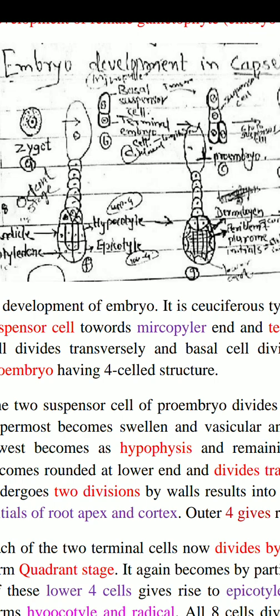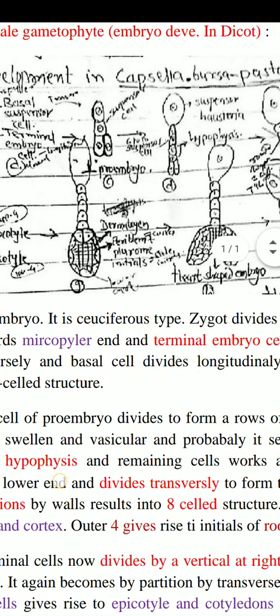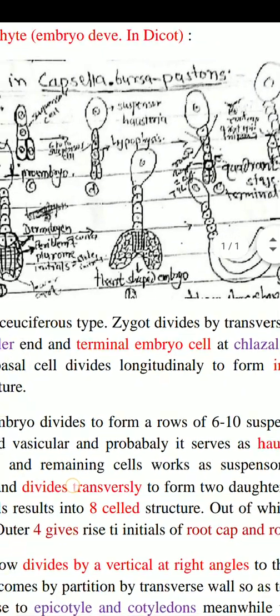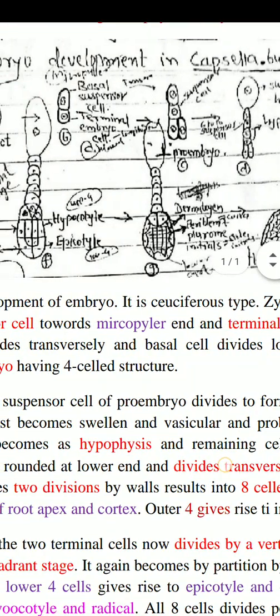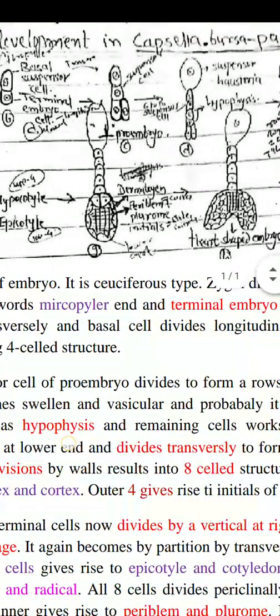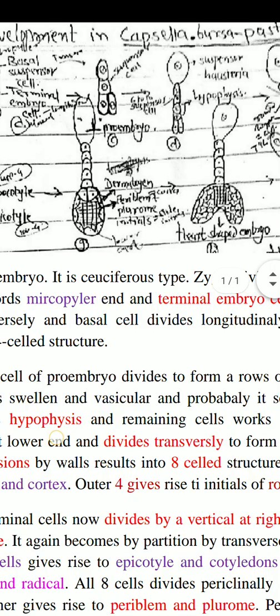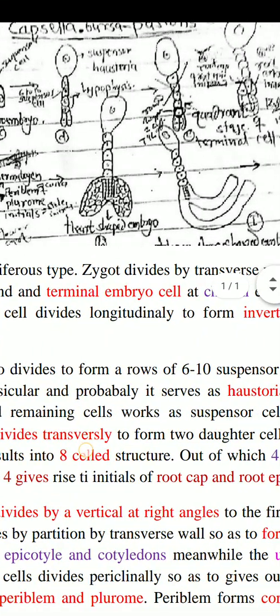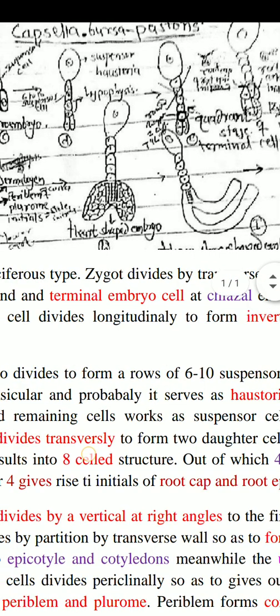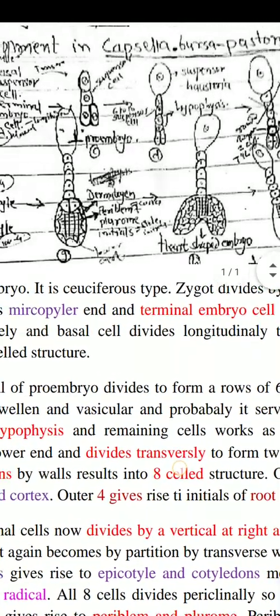Then the zygote divides two times to form the proembryo, and this proembryo gives rise to the quadrant stage, octant stage, and then the globular embryo, then changes into heart-shaped to horseshoe-shaped, and distinctly two dicotyledonous structures are formed.